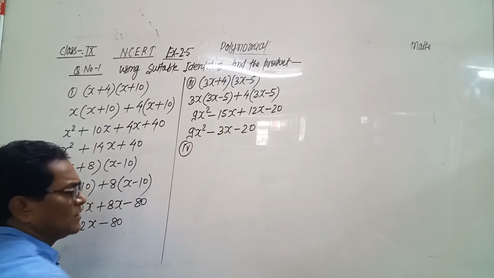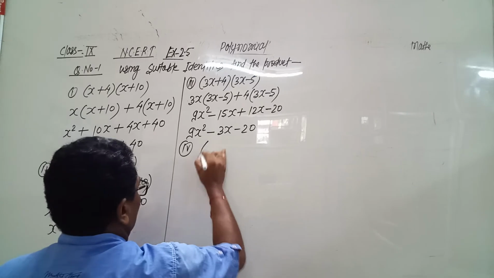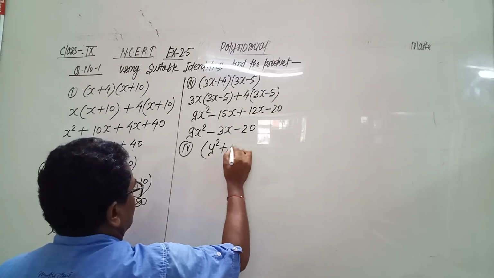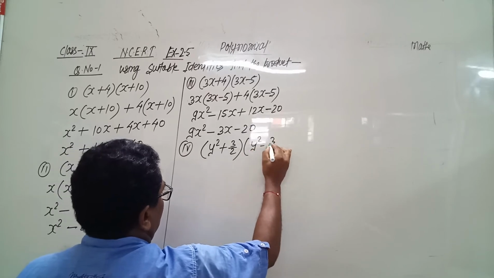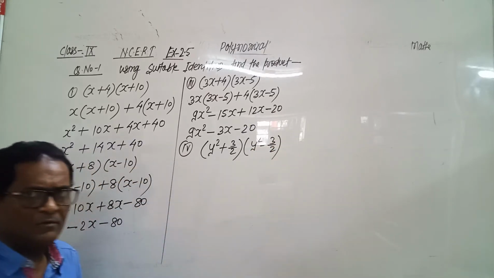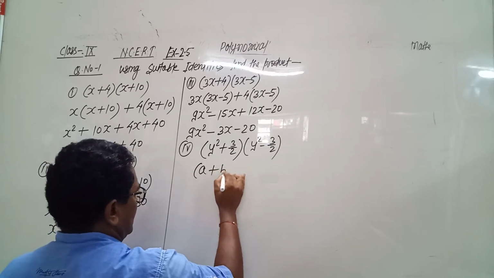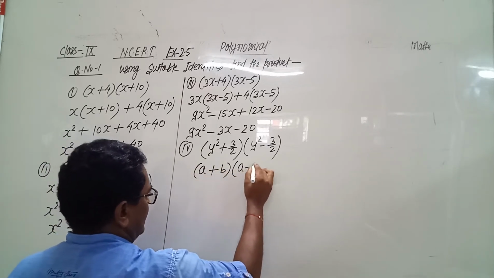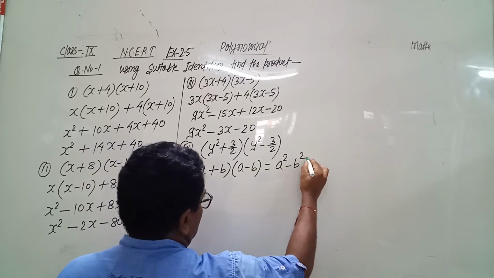Then part 4 of this question: y square plus 3 by 2, and y square minus 3 by 2. In this question, we use the identity a plus b into a minus b equals a square minus b square.